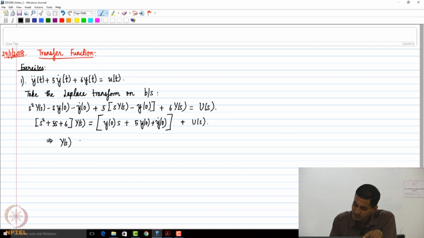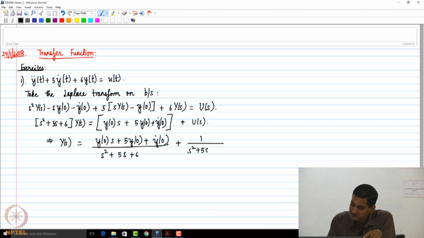So as a result, y of s is going to be equal to y0 s plus 5y0 plus y dot 0, the entire thing divided by s squared plus 5s plus 6, plus 1 divided by s squared plus 5s plus 6 times u of s, correct?